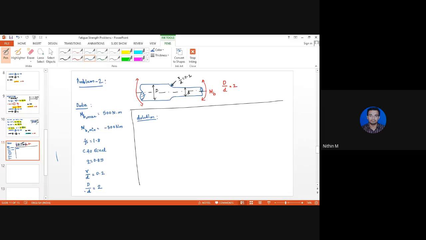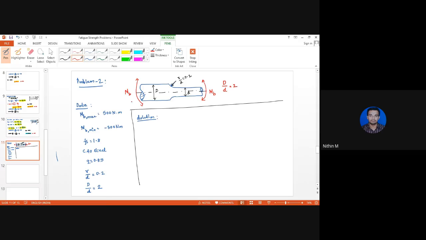Here we are supposed to determine the diameter. Again, that is not much of a difference. But the difference is that here there is an applied bending moment, whereas in the previous case there was an applied axial force. So the type of force is also different.